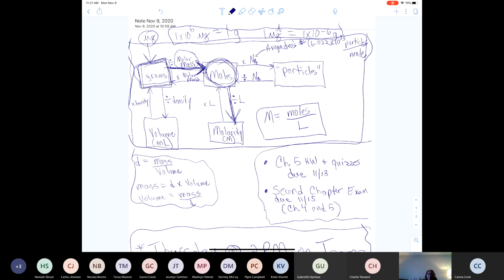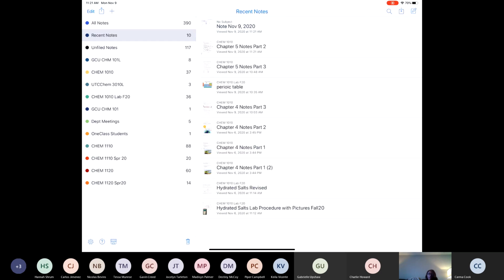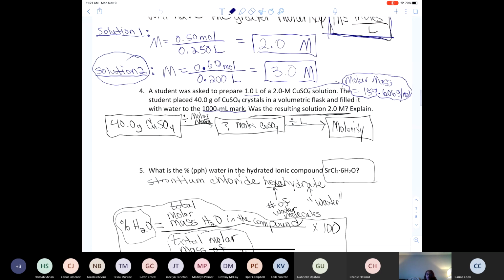Then you divide that number of moles by the number of liters of solution that the student made, which is 1, and makes our problem so easy. That will give us the molarity of the solution that the student made. If that is equal to 2.0, then yes, the student made the solution correctly. If the molarity is not 2.0, then no, the student did not make the solution correctly.